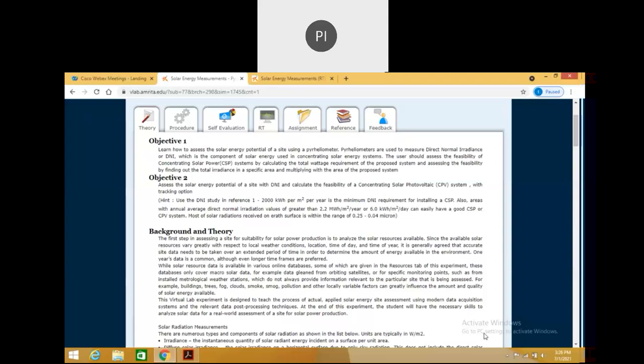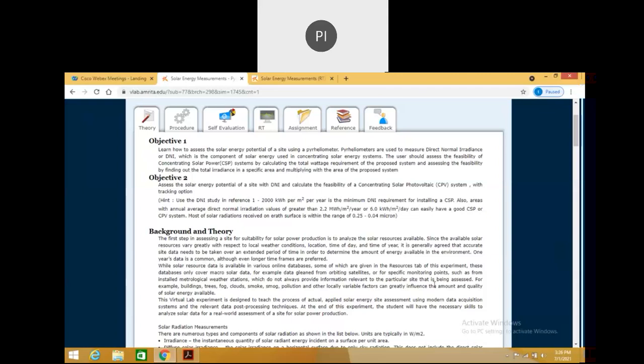Since the available solar resources vary greatly with respect to local weather conditions, location, time of the day, and time of the year, it is generally agreed that accurate site data needs to be taken over an extended period of time in order to determine the amount of energy available in the environment. Time of the year means winter and summer seasons.